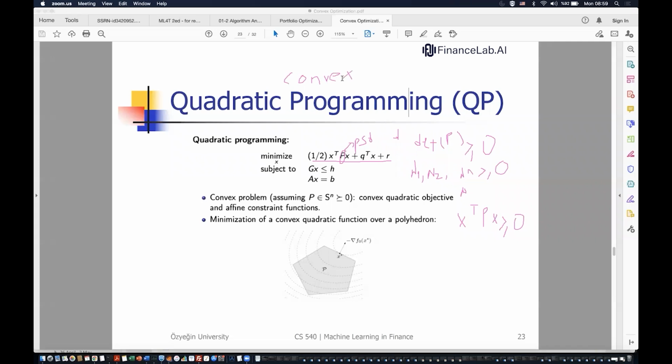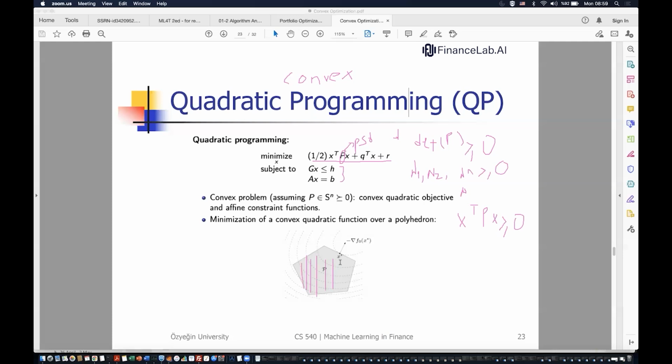And again, in addition to the quadratic objective, we still have linear objectives here, and everything else is affine constraints. The constraints define a polyhedron as in the linear programming problem. So here is the polyhedron, which defines the feasible solution set.